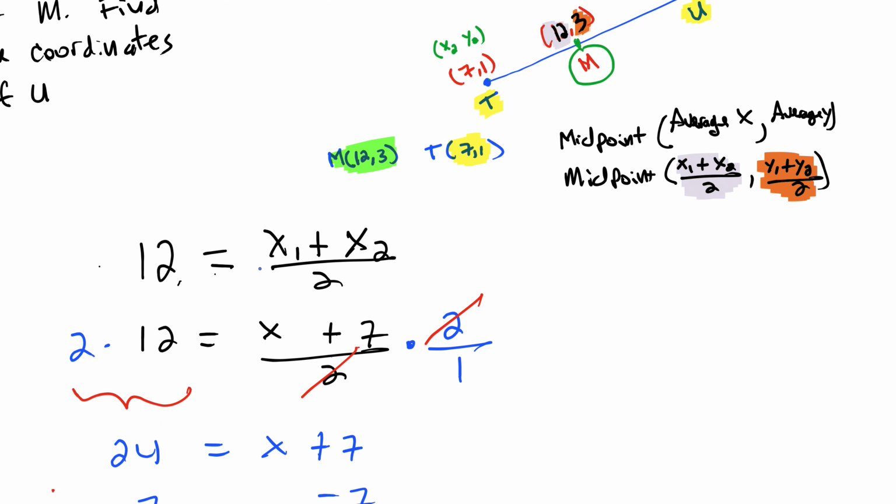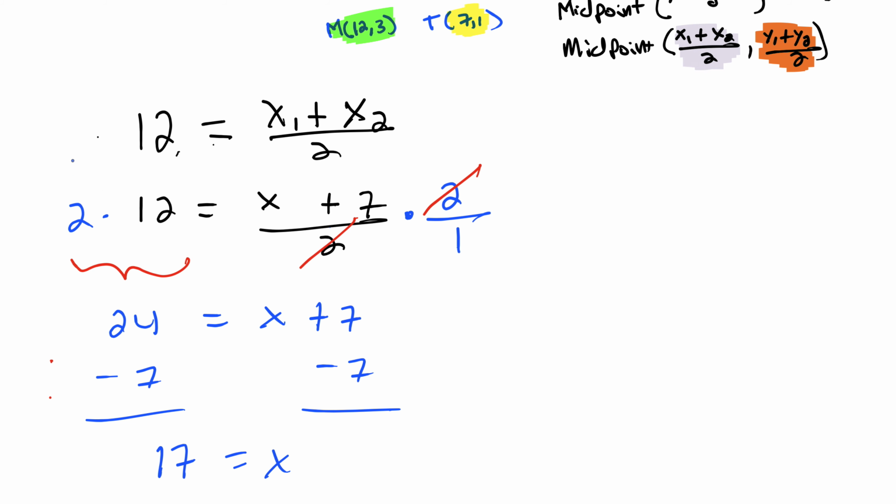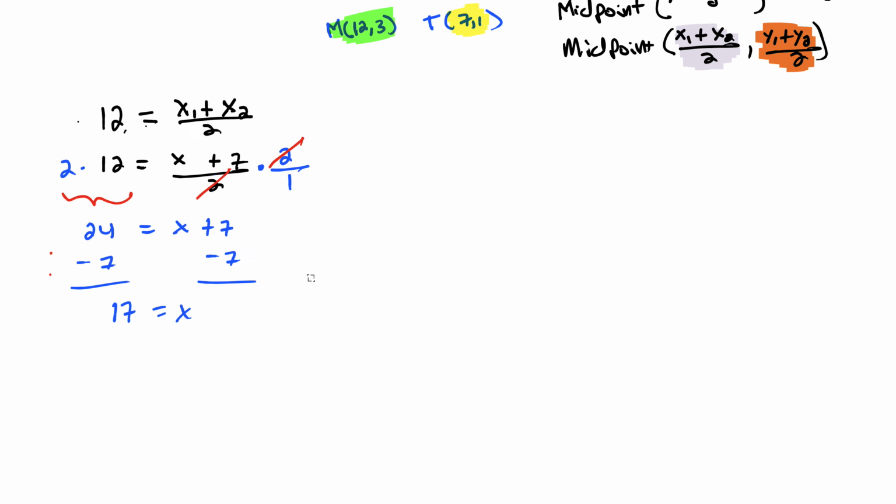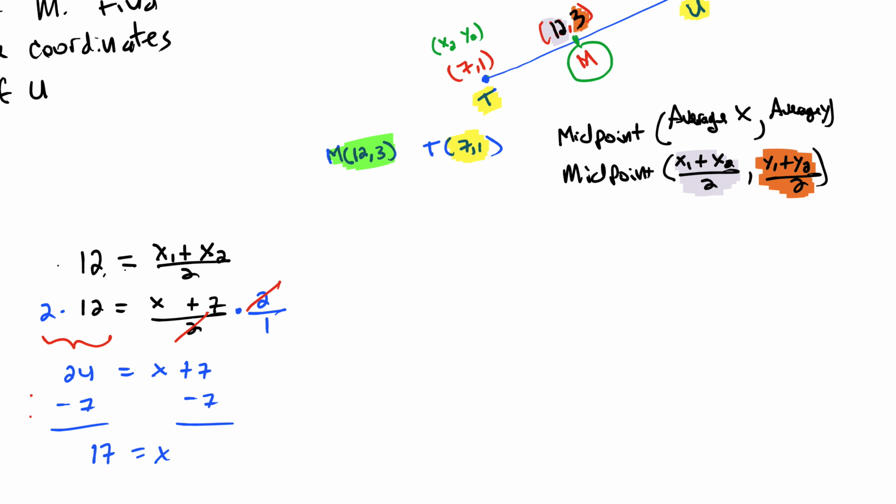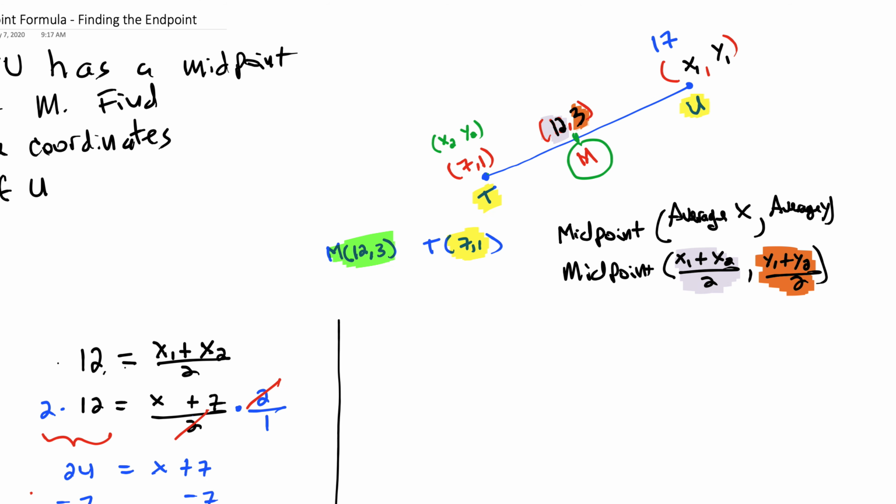Okay, so now what do we do? Yep, we've got to find the y value of the endpoint, and how do we do that? The y value of the midpoint is what? 3. So 3 equals, basically you're doing y1 plus y2 over 2.